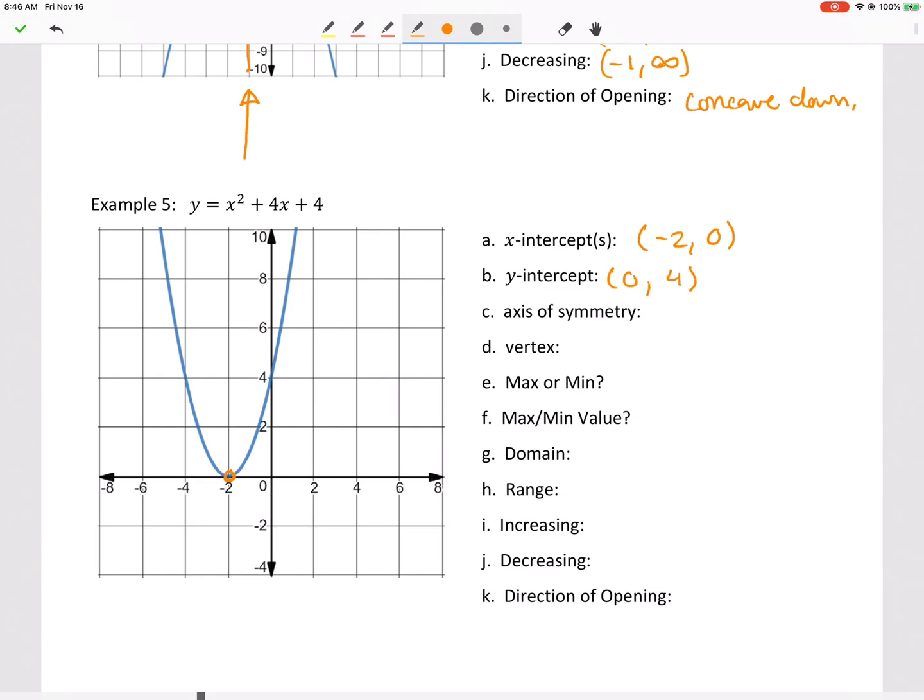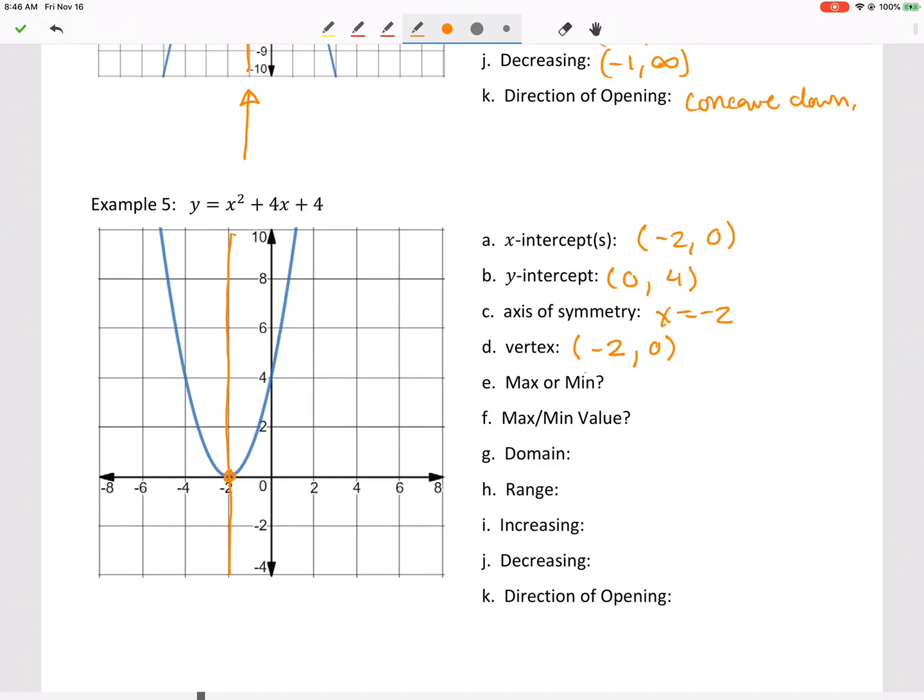Axis of symmetry is going to be, we'll draw it, and it's going to be x equals -2. Vertex is going to be, our x value for our vertex is -2, and our y value is 0. You just have to look at the graph to come up with those numbers.